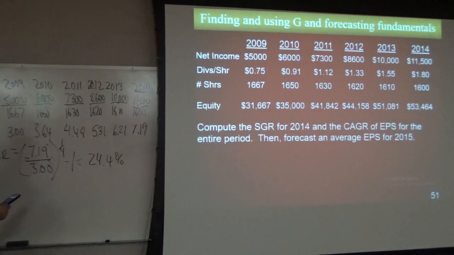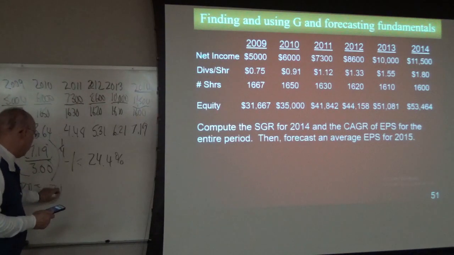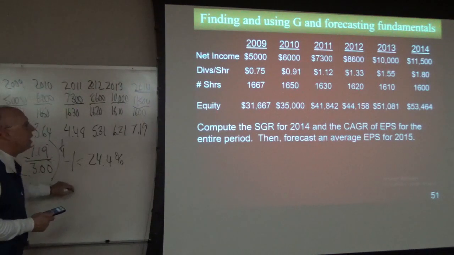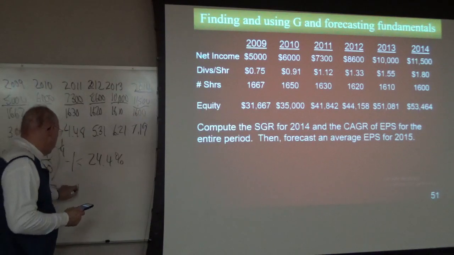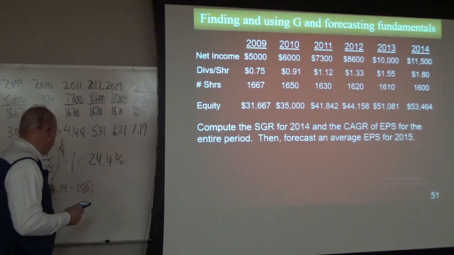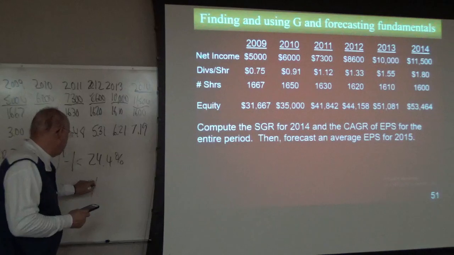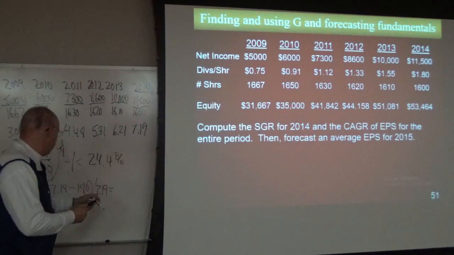All right. So let's take that. Well, let's do the SGR now. We're going to do the SGR. Then we will average these growth rates and apply them. So the SGR. Let's find the retention ratio in 2014, and so the retention ratio is earnings per share $7.19 minus dividends per share of $1.80 divided by earnings per share of $7.19.